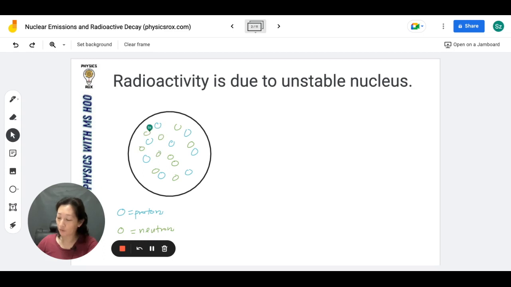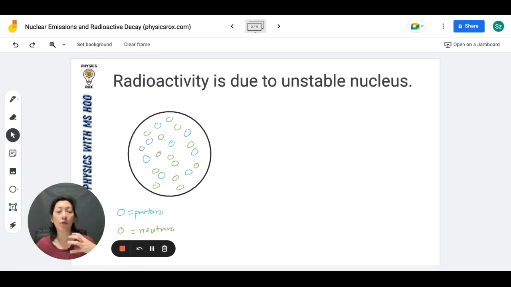What you need to understand is that when it comes to radioactivity, we will only be focusing on what's inside the nucleus. We don't care what's outside. So all the electrons that are in the shells outside, we don't bother about that. We're going to focus only on what's inside the nucleus, and inside the nucleus are only the protons and neutrons.